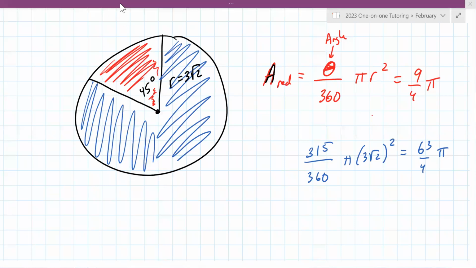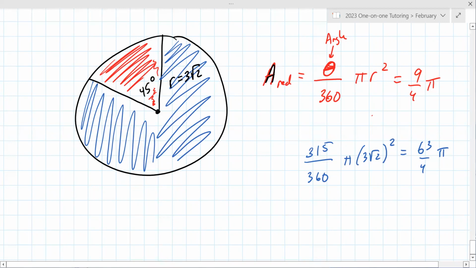Okay, so I guess it would be 9 times 2 once again, which would be 18. And then you would have to multiply that with the 7/8, giving you 63 over 4.